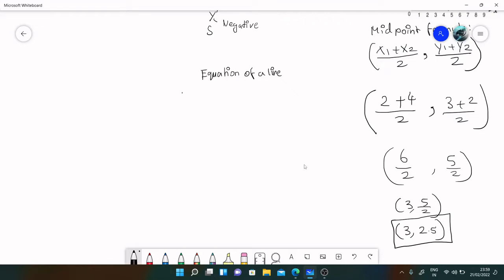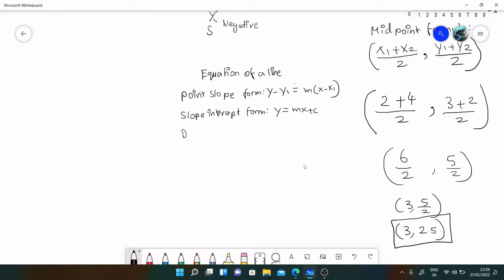First, we're going to look at something called the point slope form: y minus y1 equals m times (x minus x1). That is the point slope form. Next, we have the slope intercept form, and that is y equals mx plus c.